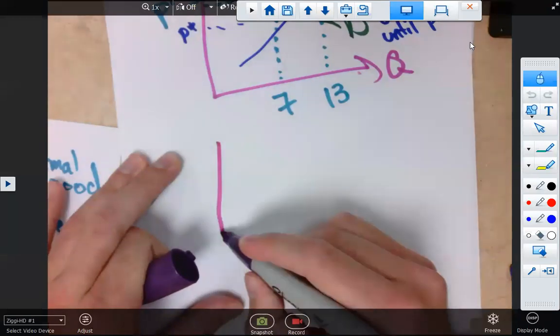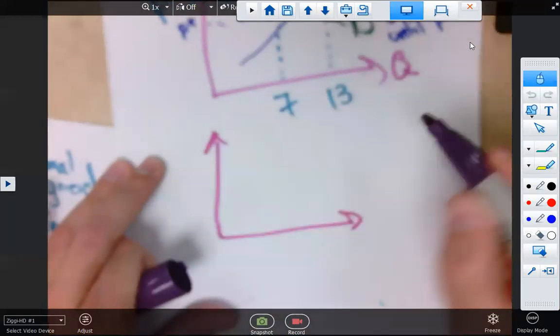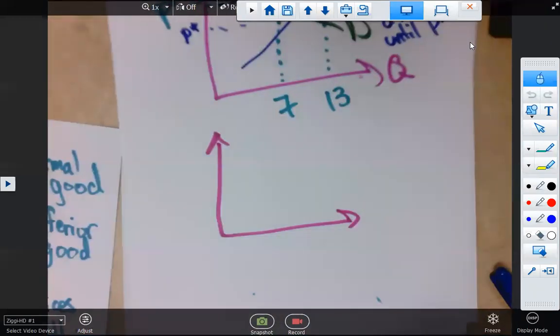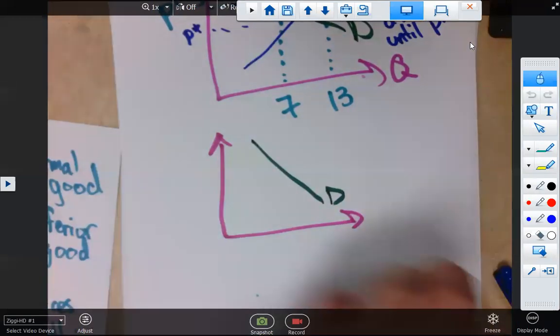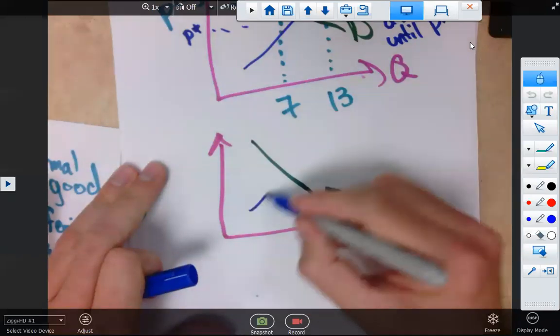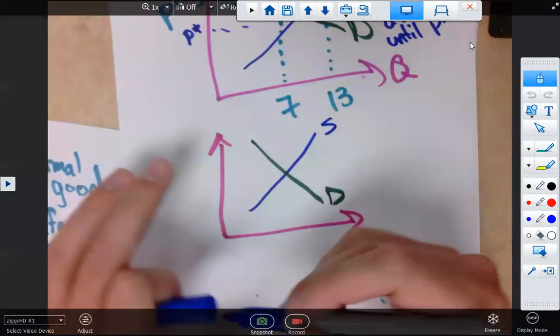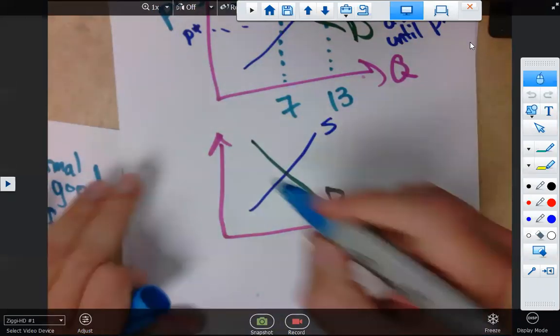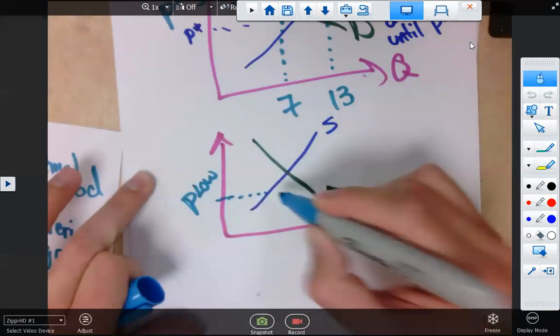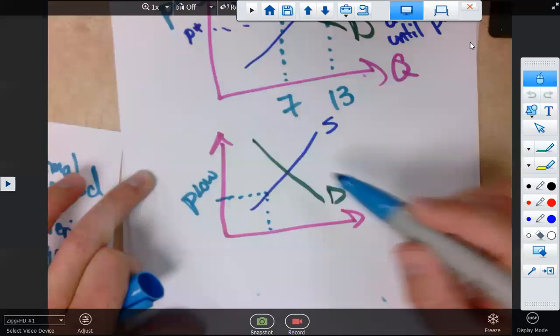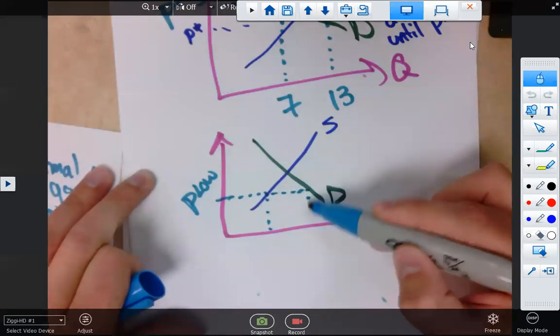So what happens if they set that price too low? Then we end up getting a supply that's very low and a demand that's larger, right?